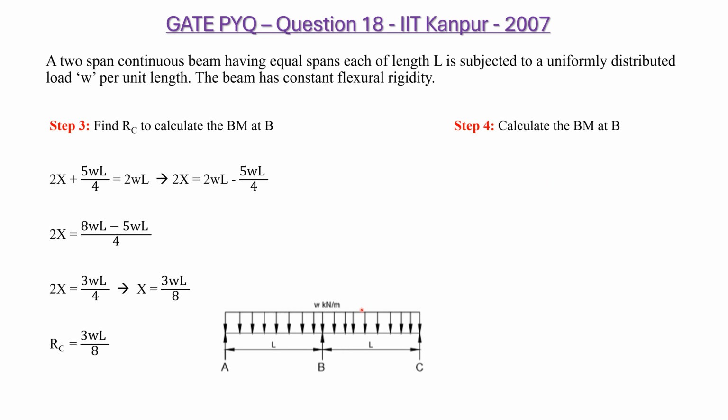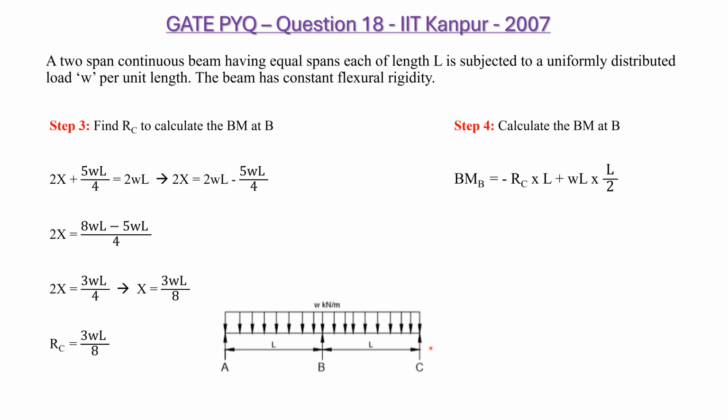Here total bending moment at B will be the summation of moments acting on the right hand side of this support B, that is taken as reaction at C into this distance, that is L, plus W into L, the total load acting on this span, and that acts at midspan, that is L/2.